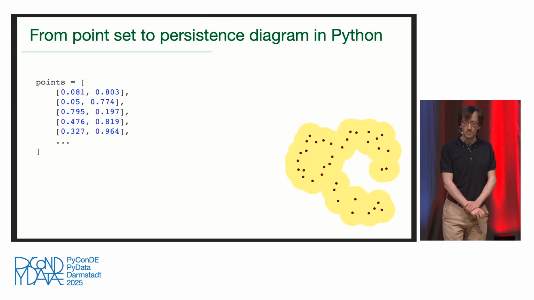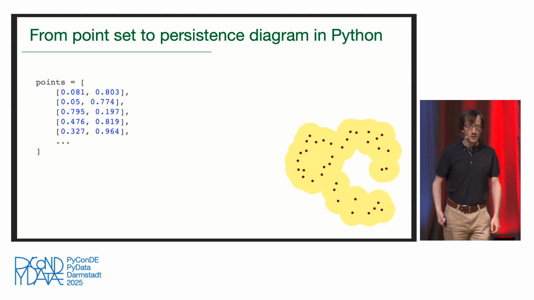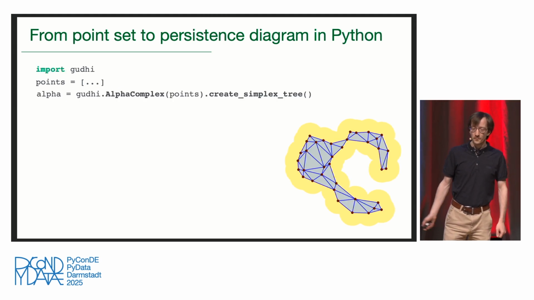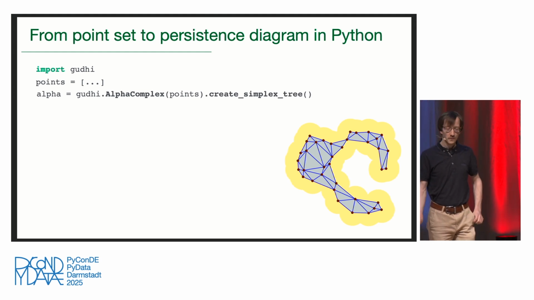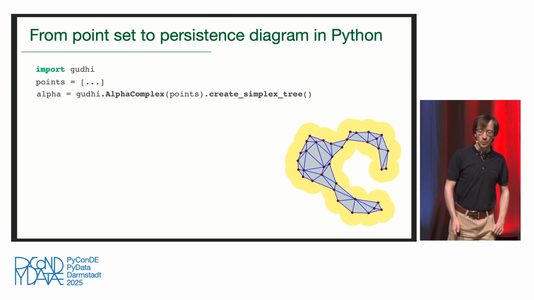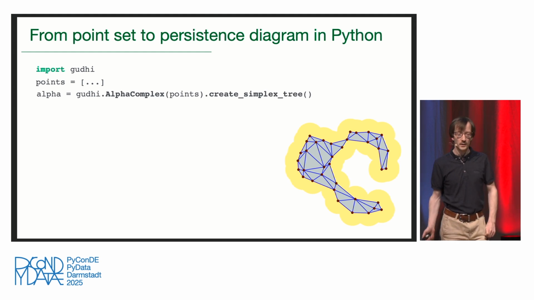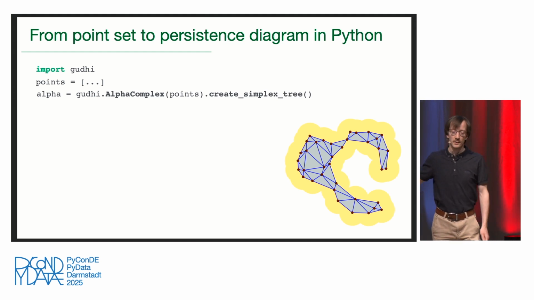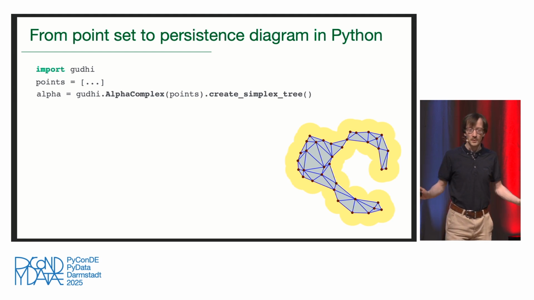All right. So how to go from point clouds to a persistence diagram? We start with points that are just lists of some tuples. We import Gudhi. And now the first thing we ask Gudhi is to create something called an alpha complex. So we have gudhi.AlphaComplex with the points in, and then we do create simplex tree. Don't really think much about what this means.